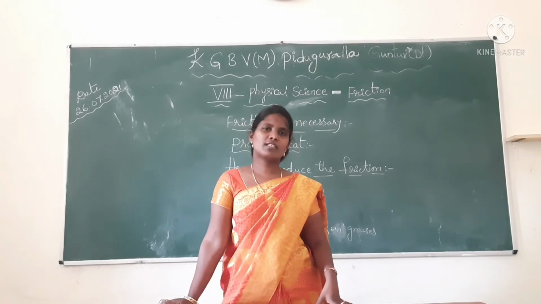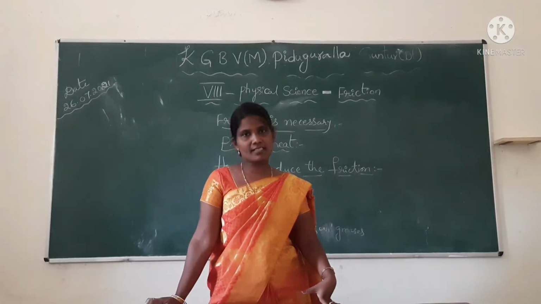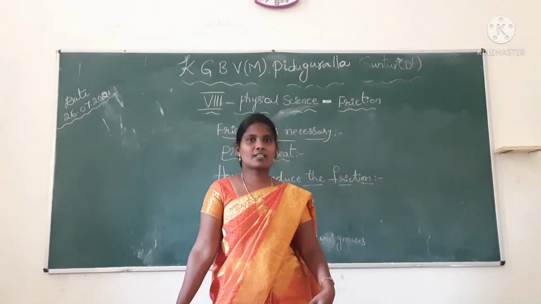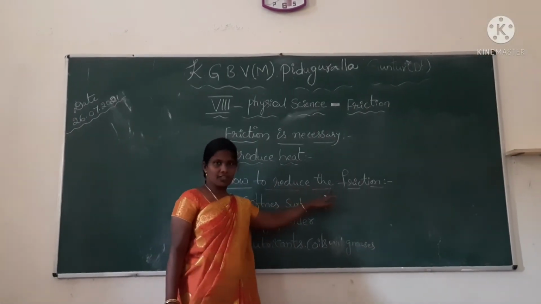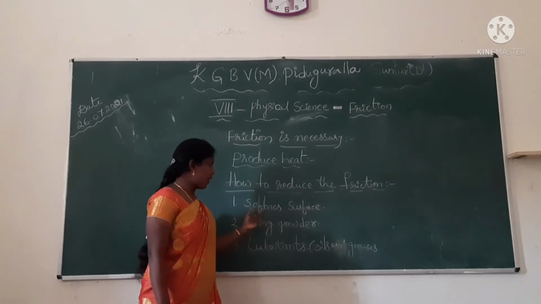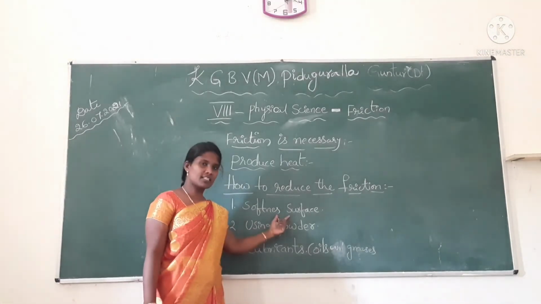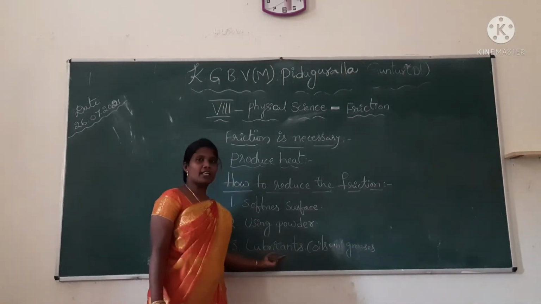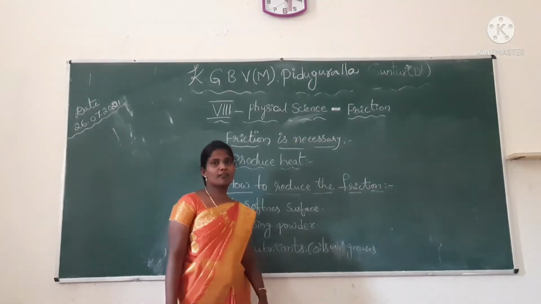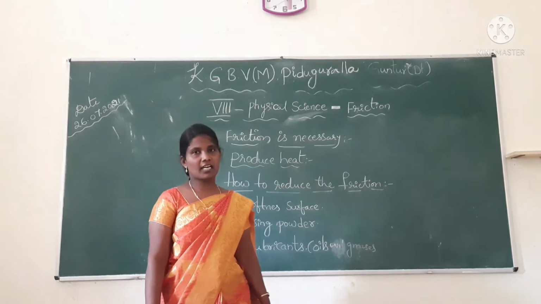We have to reduce the friction in both cases. We can conclude that to reduce the friction we have to follow the smoothness of surfaces, and using powders and lubricants we can reduce the friction in our daily life.